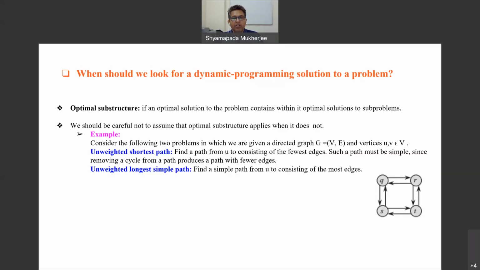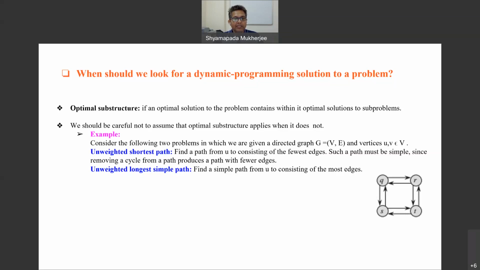It must hold for an optimization problem to apply dynamic programming to solve it. Now, can we apply this to any optimization problem? No, that we know. But sometimes mistakenly we assume that a problem can be solved using dynamic programming even if it is not possible.